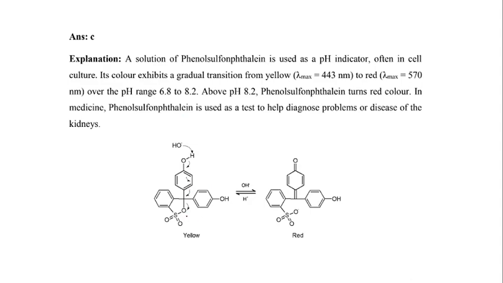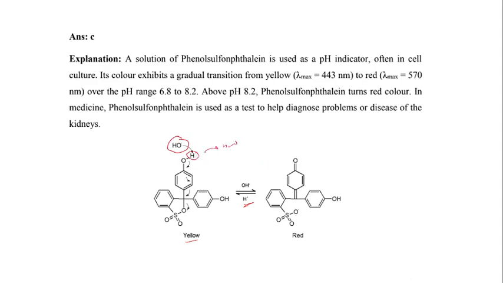Initially this is the yellow color, but when H+ is added, when acid is added, it will react like that. OH minus will react with this H ion and give water.